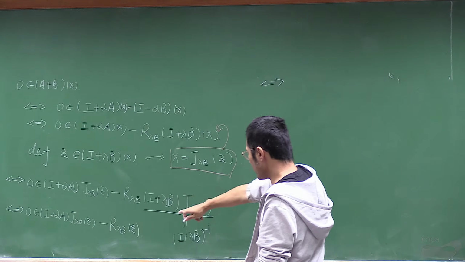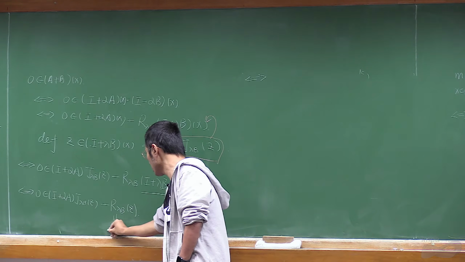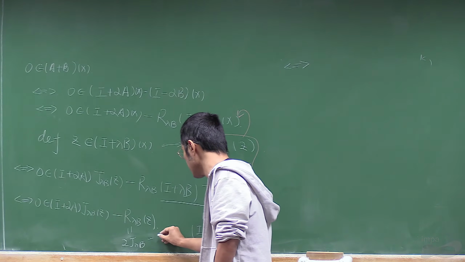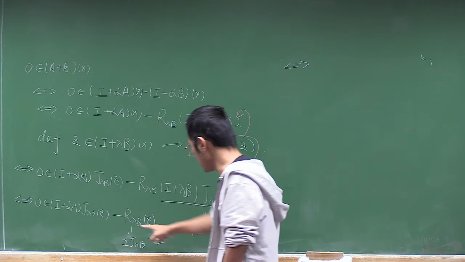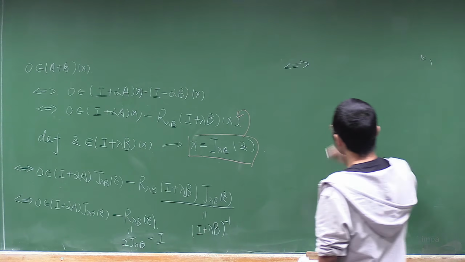First we expand this, because the reflection equals 2 times the resolvent of B minus I, by the definition of the reflection.